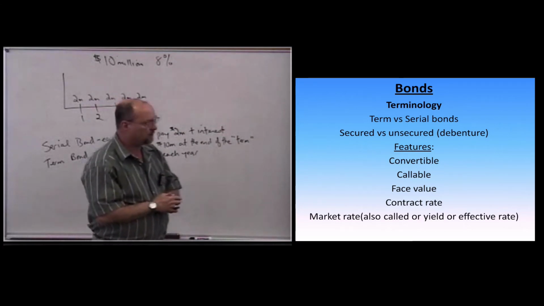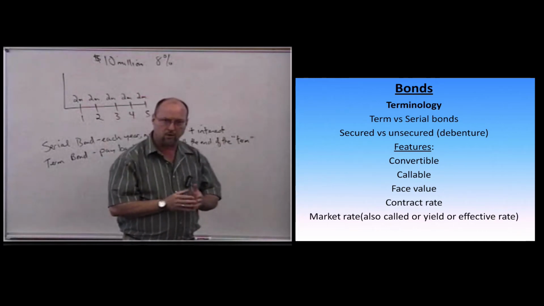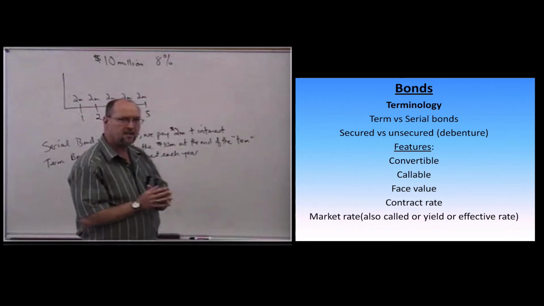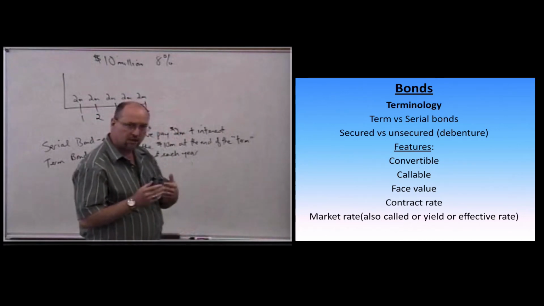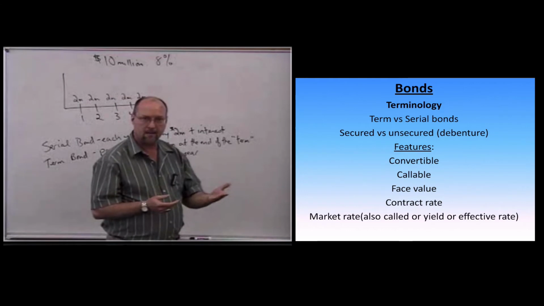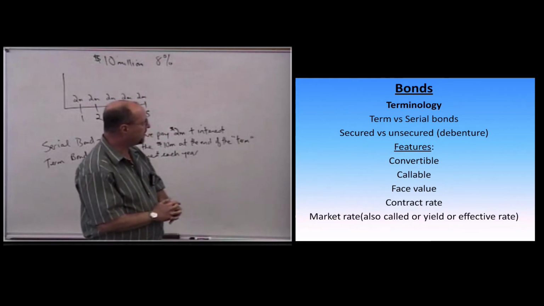An unsecured bond is called a debenture bond. I don't know the origins of that word, debenture, but a debenture bond is an unsecured bond, no collateral. It's issued on just the general credit of a company, which we'll talk about a little bit later. So we have term bonds, serial bonds, secured, unsecured bonds.